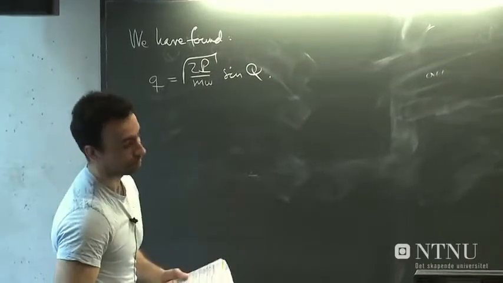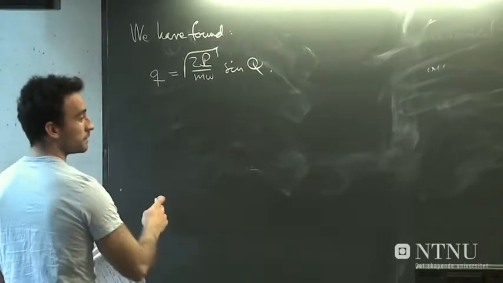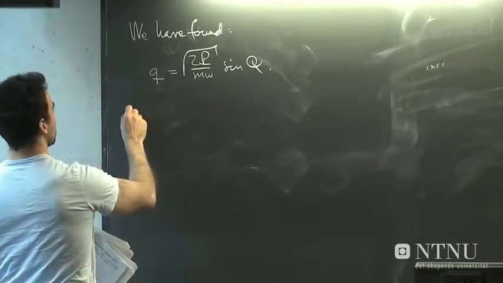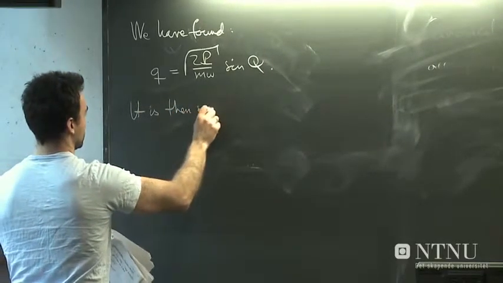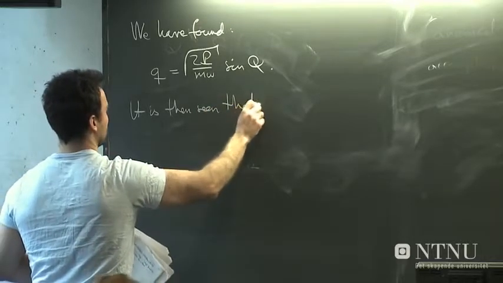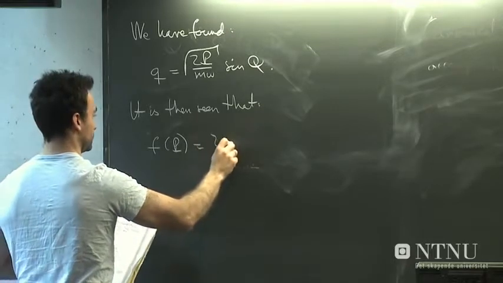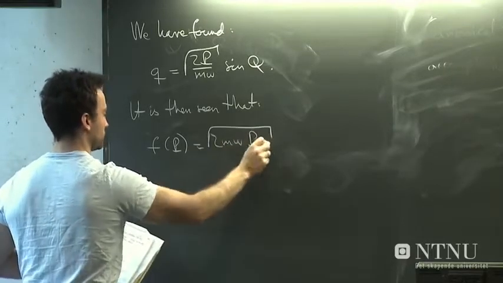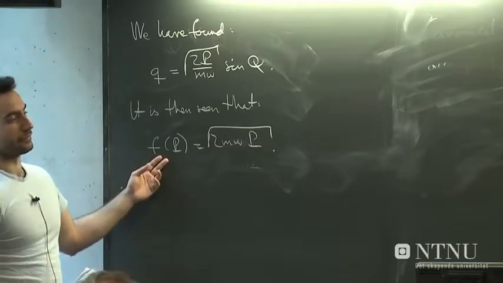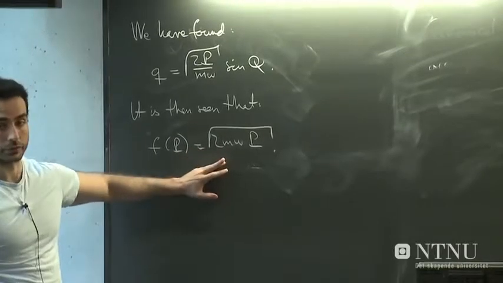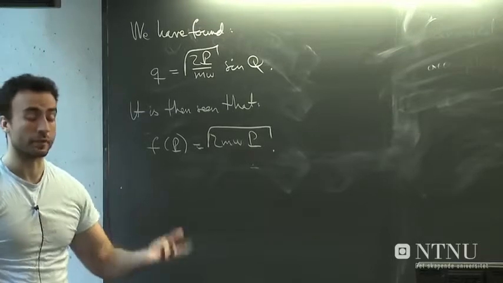So we have this. So our result is that the function f has to be equal to the square root of 2m omega large P in order for our transformation to be canonical.